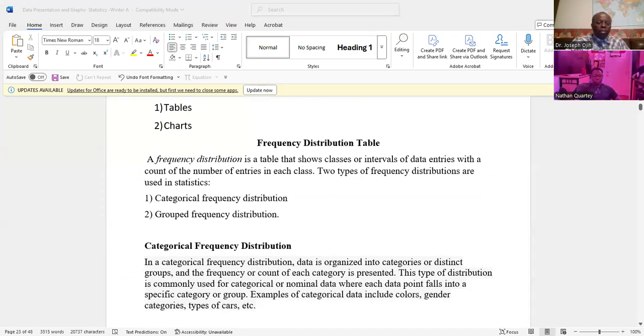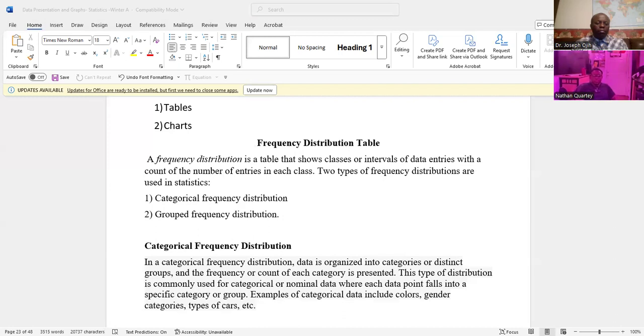A frequency distribution table simply means a table that shows classes and their corresponding frequencies. It shows the classes or class intervals of the data entries and the count of the number of entries in each class.